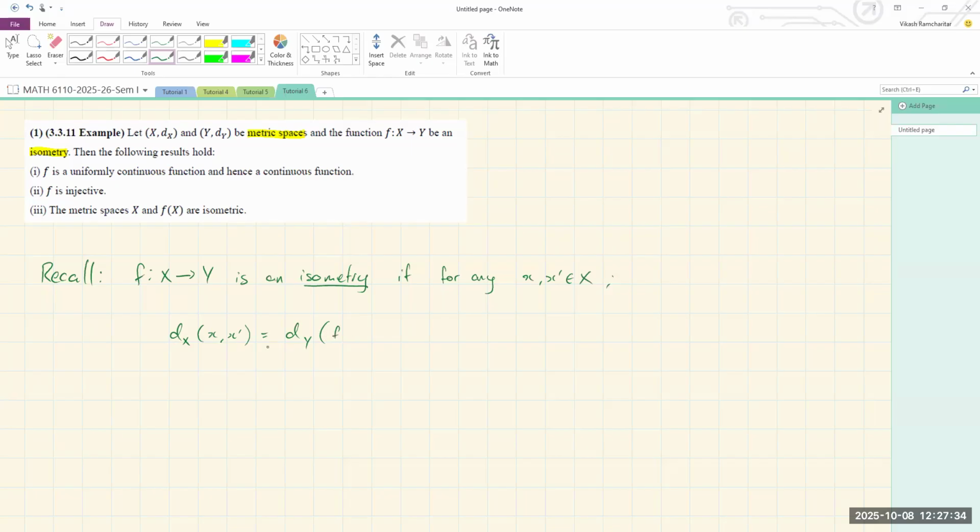So the image of x is f of x, and the image of x prime is f of x prime. Okay, so this is what an isometry is.